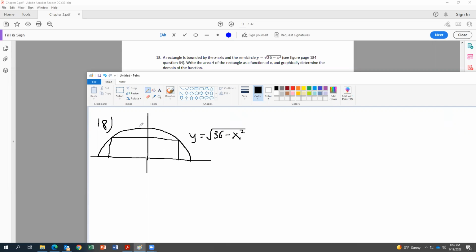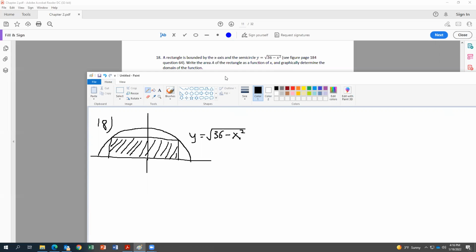The picture in this is nicer, but it looks something like this. The question here wants you to find the area A, the area capital A of the rectangle, as a function of x. So they want you to find this area in terms of x. And then we find the domain after that.